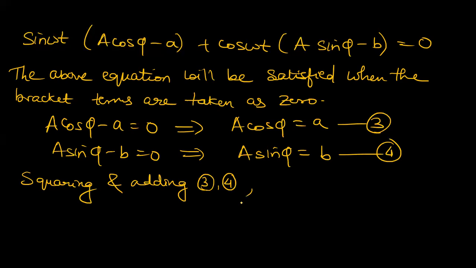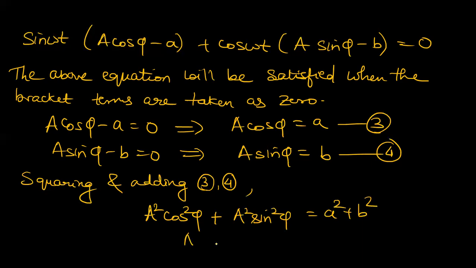Let us square and add equations 3 and 4. So we get A square cos square phi plus A square sin square phi equal to a square plus b square. Taking A square common, inside we are left with cos square phi plus sin square phi, which is 1. So that is equal to a square plus b square.